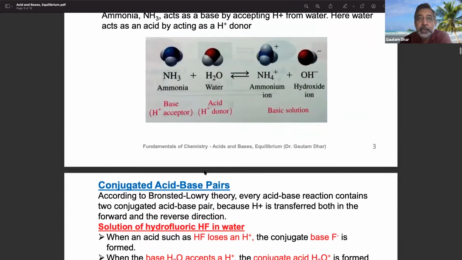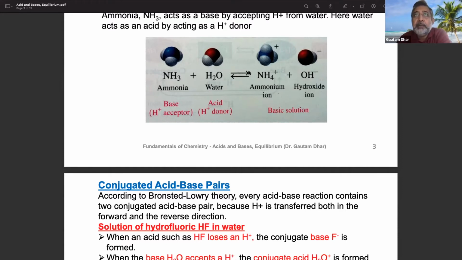Okay. Now, if you look at ammonia, after the acceptance of a proton, it becomes the ammonium ion. Now this is a reversible reaction. So there's always equilibrium between these two states, and we'll learn more about equilibrium in a later part of this chapter.